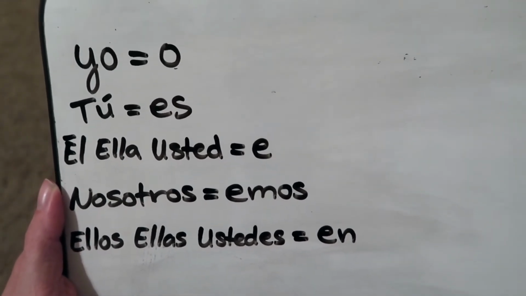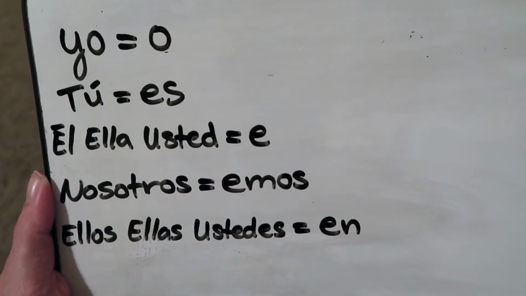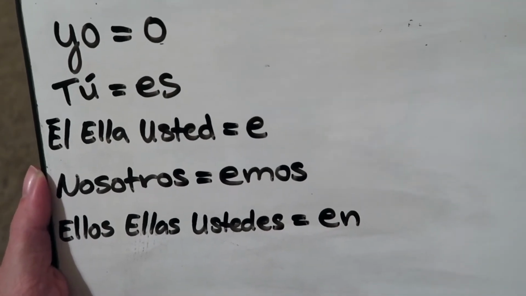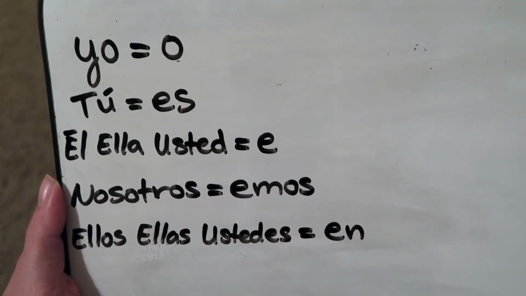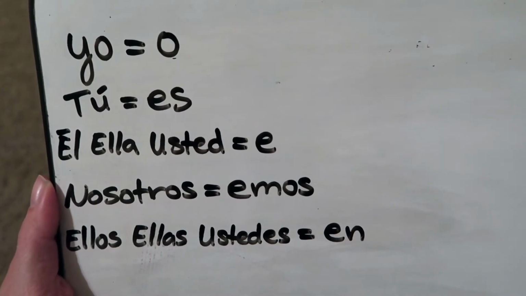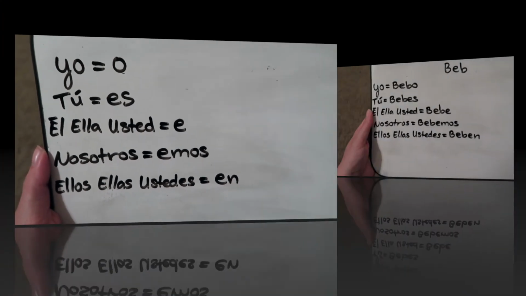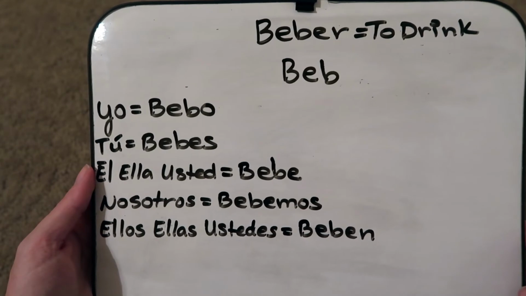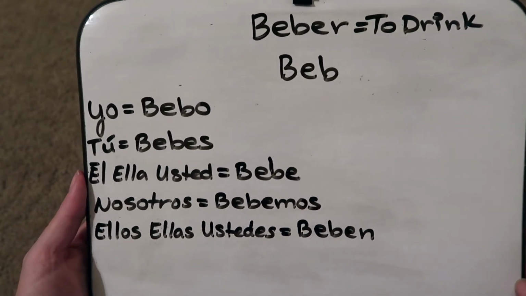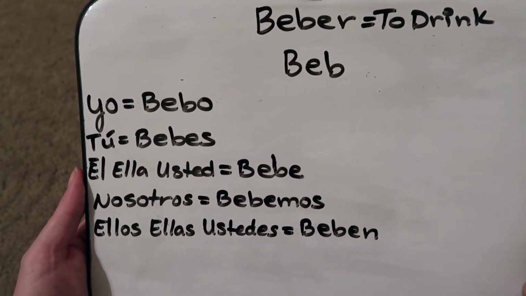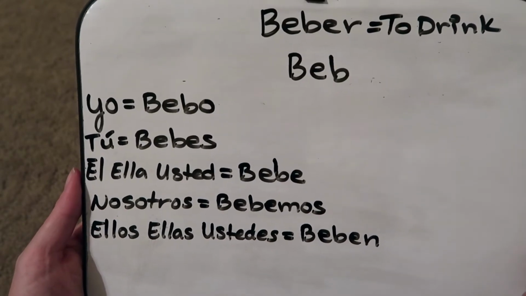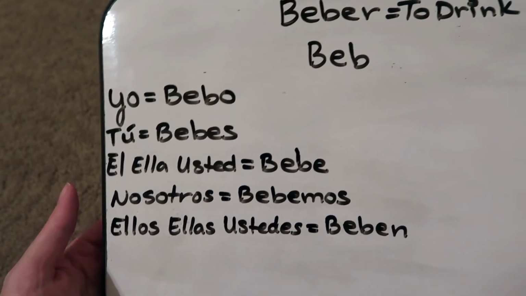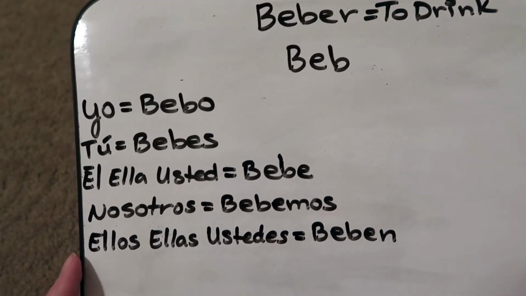Next, I'm going to show you an example of an ER verb with these conjugation endings. The ER verb we're going to be conjugating is beber. That means to drink. We're going to take off the ER ending and we're going to put on one of the conjugation endings.